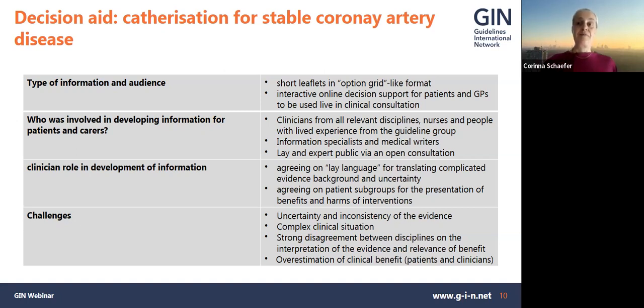So we definitely have an overuse of this procedure. And we think that if people understand how their risk is and when it is recommended and when not, that many of them would abstain from demanding that procedure. So that was basically the background.